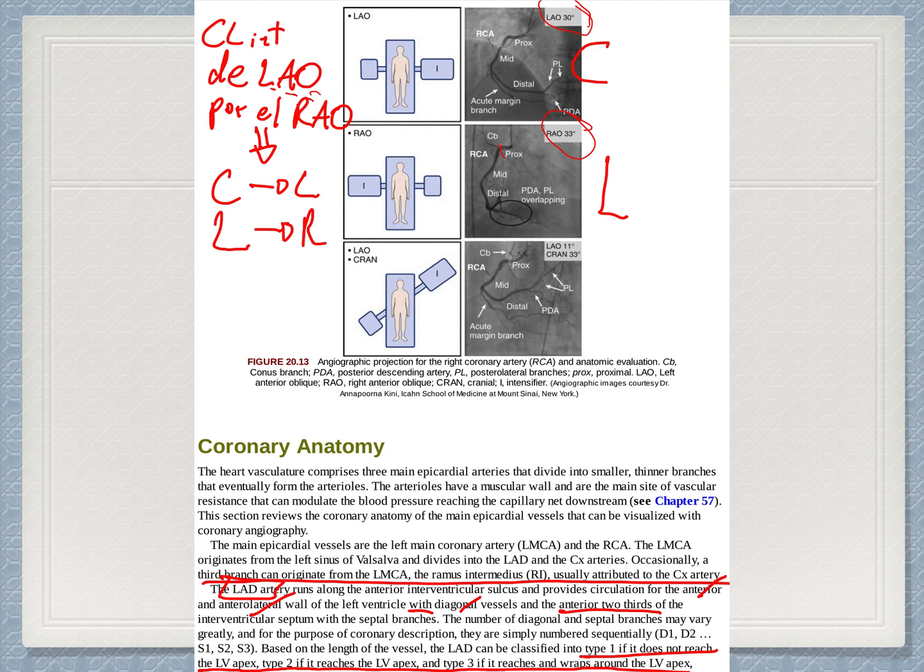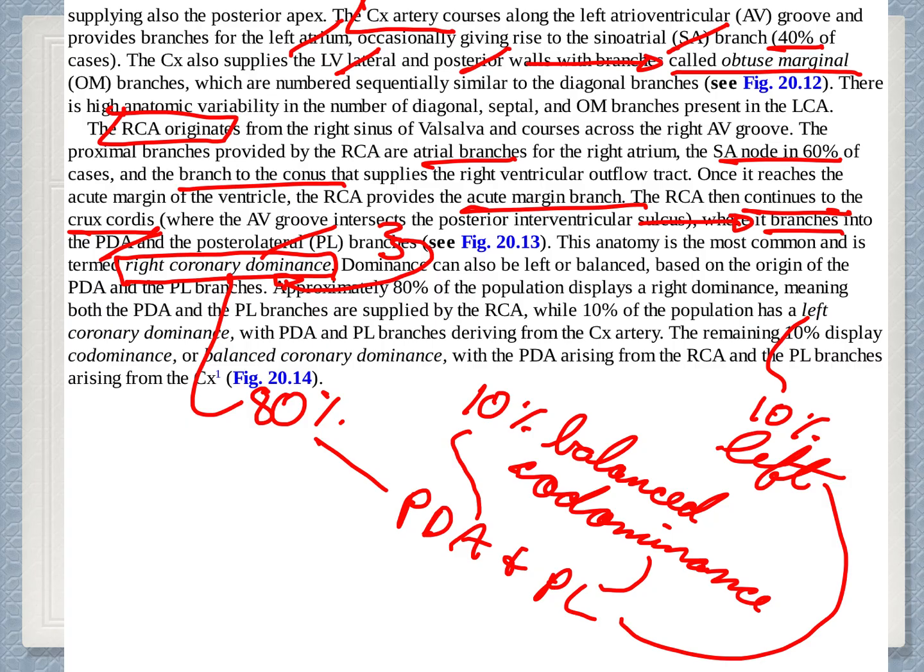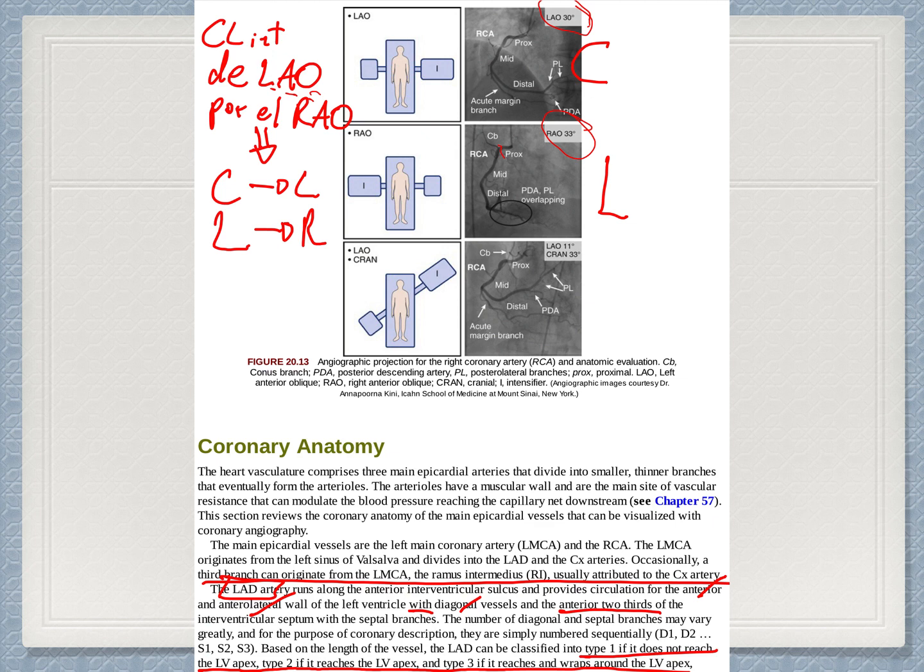We have different types of left anterior descending: type 1, 2, and 3. Type 1 means that it doesn't reach the apex, 2 reaches the apex, and 3 wraps around the apex. The one that would be associated with a dominant left circulation would probably be, well, it depends, because we also have the circumflex, so better not make this association.